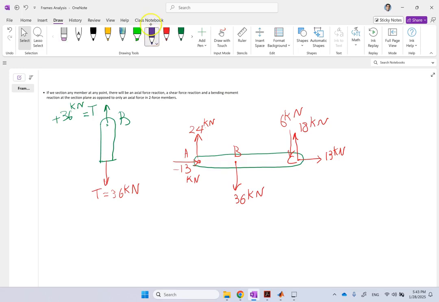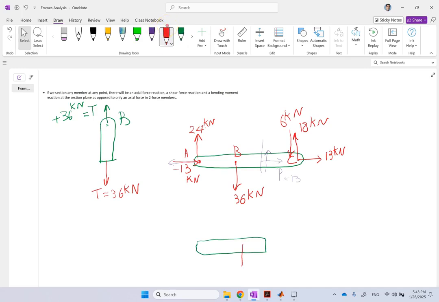Now if I go ahead and cut this here, clearly if I cut it at this intersection, there should be a P force to cancel that 13. So this 13 is this way, so that P should be a 13 this way. There should be a V force to cancel the two of these, right? Because the FBD of the left section here is going to be like that.